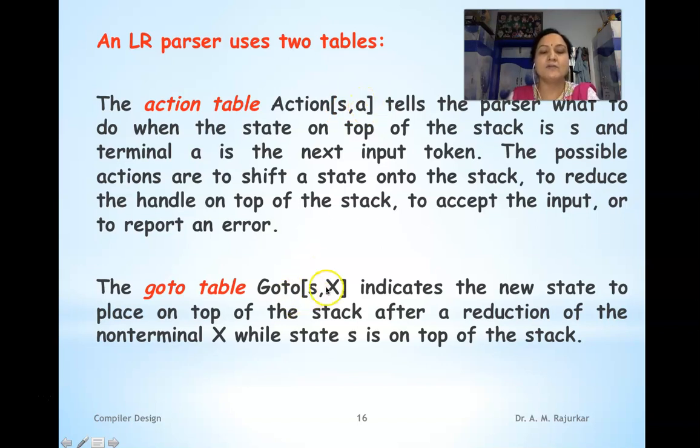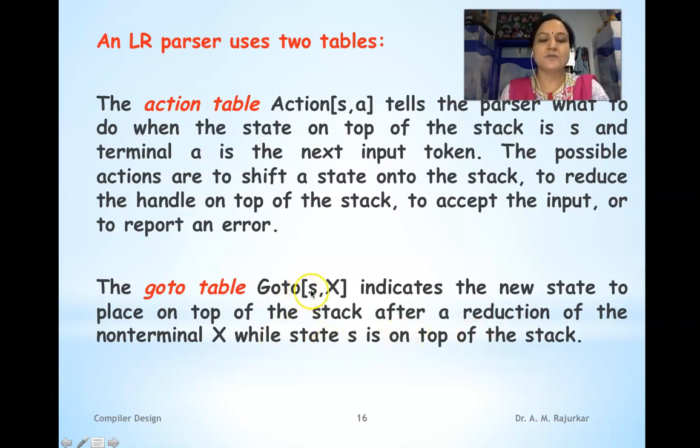In the goto table, for state S and a non-terminal at the top of the stack, we find the state number. This indicates the new state to place on top of the stack after a reduction of the non-terminal X, while state S is on top of the stack.